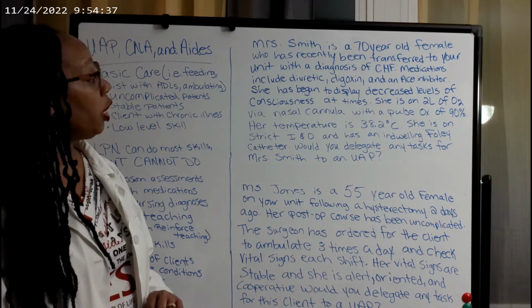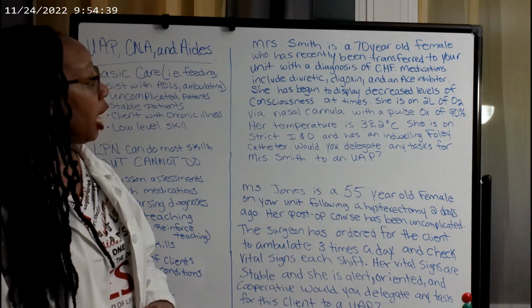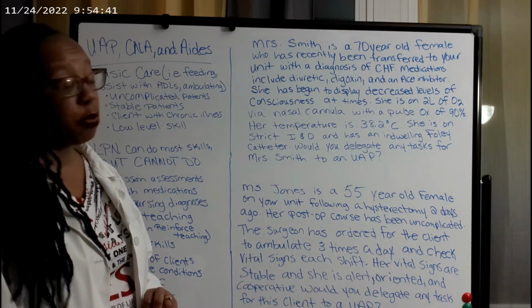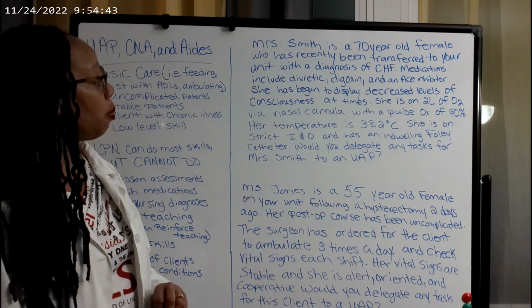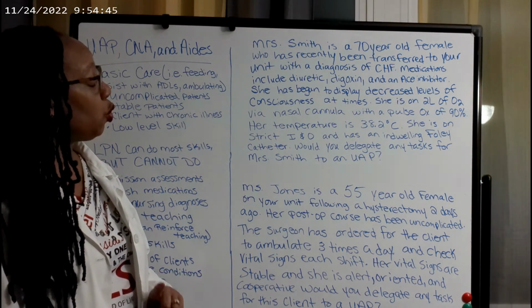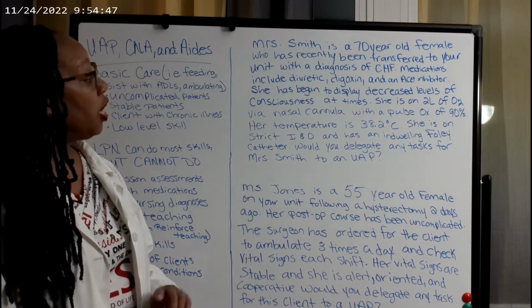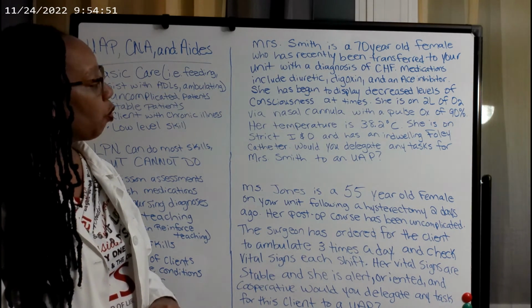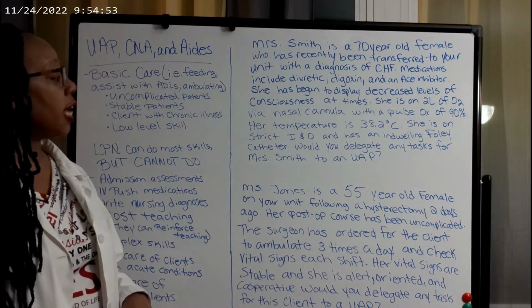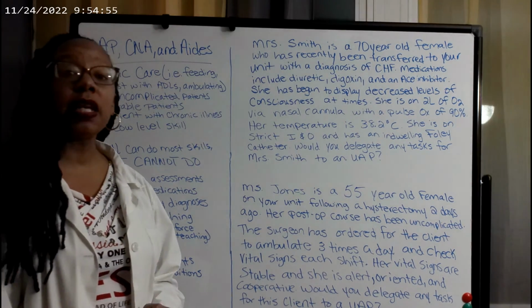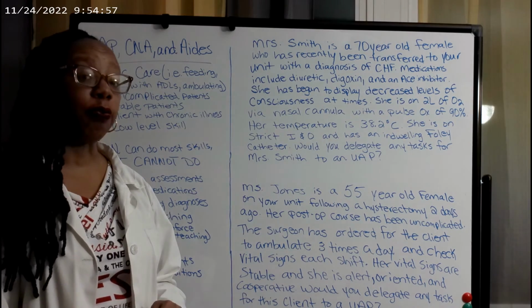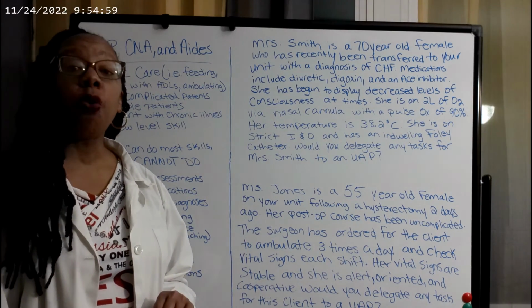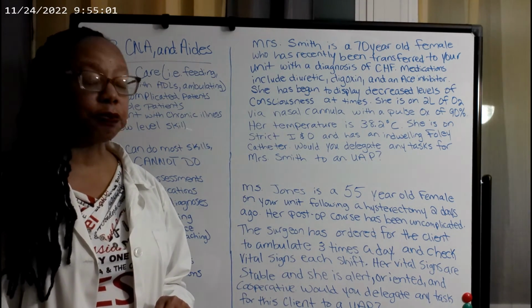She is on 2 liters of oxygen via nasal cannula with a pulse ox of 90%. Her temperature is 38.2 degrees Celsius. She is on strict I&Os and has an indwelling catheter. Would you delegate any task for Mrs. Smith to an unlicensed assistive personnel? And if you would, which task would you delegate?